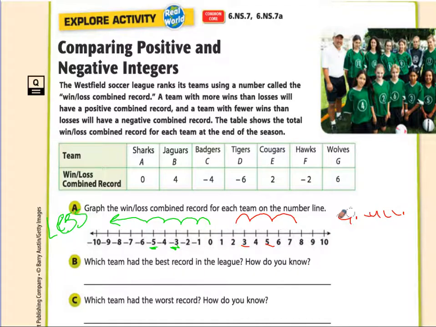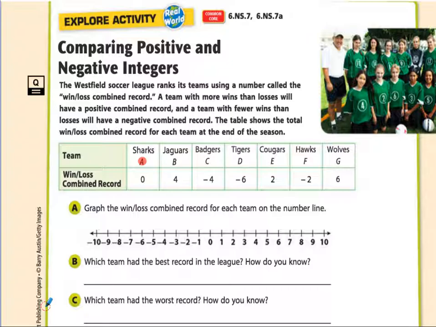All right, so here I'm going to go ahead and clean this off so we can actually do the activity. So first what we're going to do is we're going to take the win-loss records and we're going to plot them for each team. So again, this is where you're going to want your different colored pencils. I'm going to do the Sharks in red. So the Sharks have a combined win-loss record of 0.